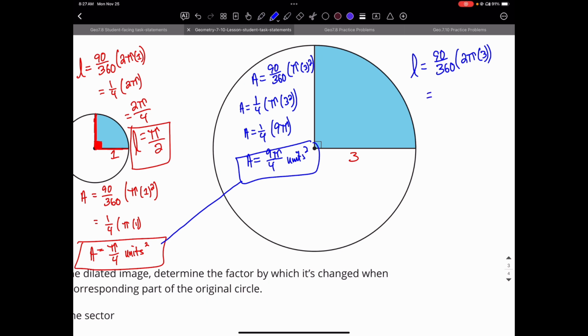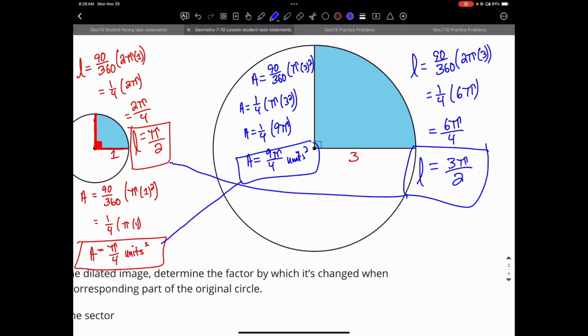So once again, 1/4 times 2 times 3 is 6 pi. So then that would be 6 pi over 4, which I can also simplify to 3 pi over 2. Okay, so the length would be 3 pi over 2, and that is here.